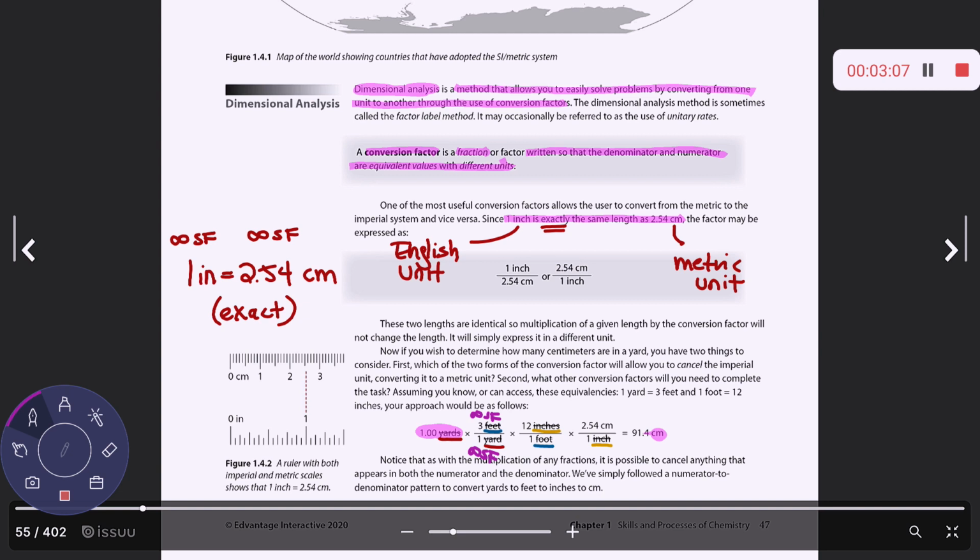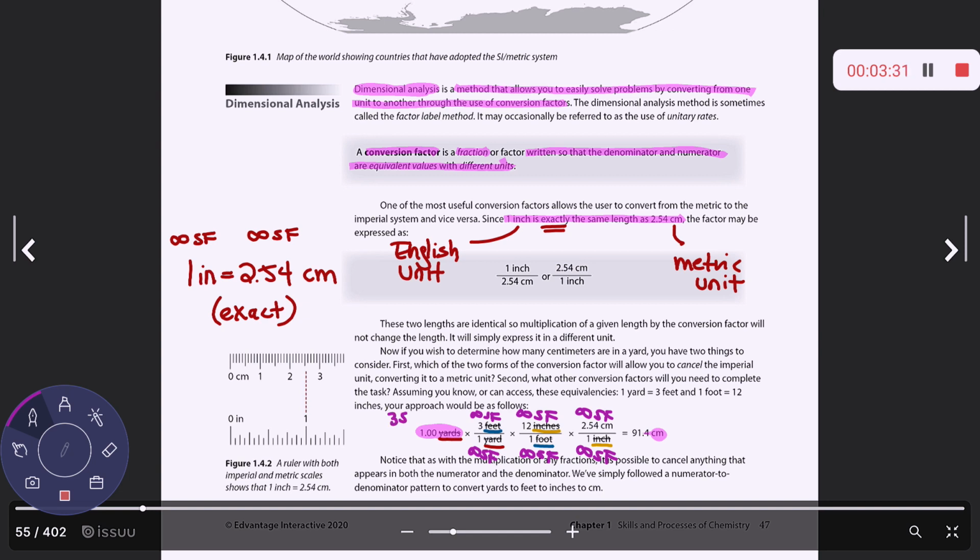Also, inches and feet, both from the English system. So the number 12 has infinite sig figs. The number 1 has infinite sig figs. And then over here, we just talked about how this unit equation has infinite sig figs as well. So both of these are infinite. So the question is, how do I determine the sig figs in my final result? Well, you will be limited by whatever you begin with here.